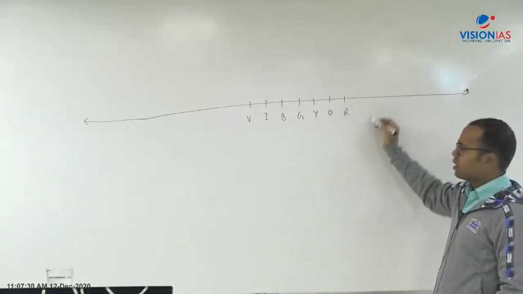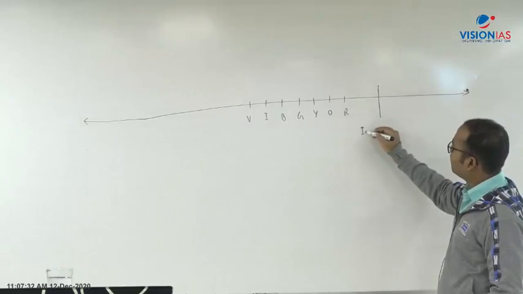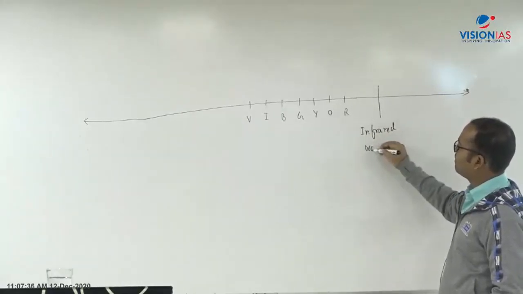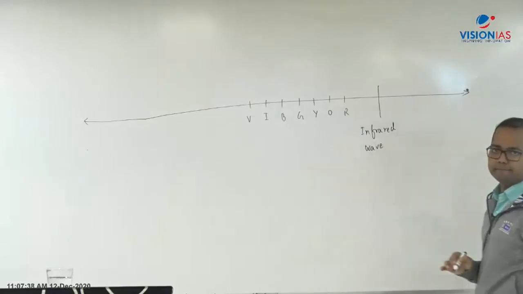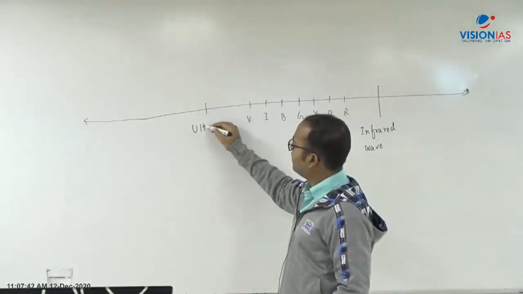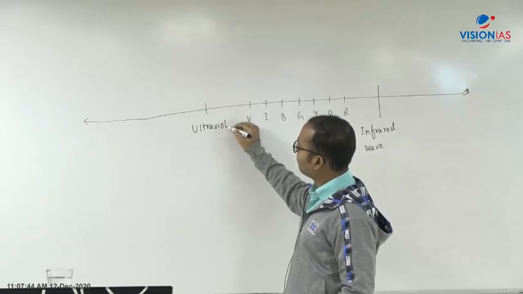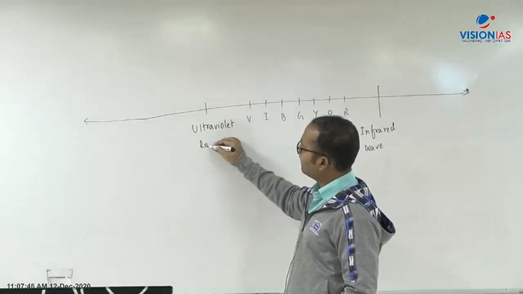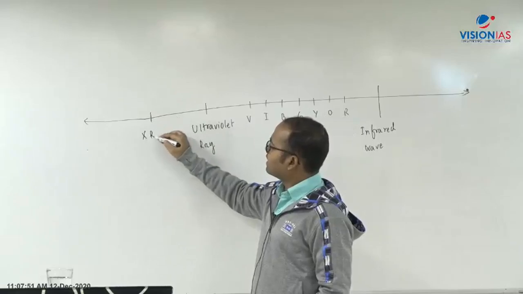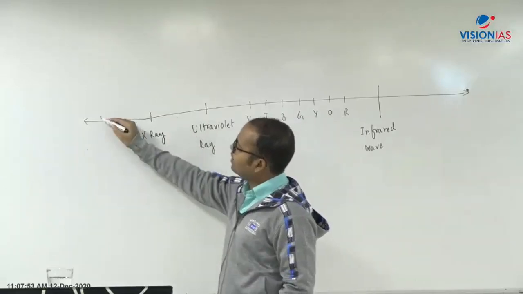After red, you have to just make infrared. Infrared wave, you must be knowing the name at least, right? And beyond violet, it is ultraviolet. Ultraviolet ray, it is written, right? Beyond ultraviolet, it is X-ray, and here it is gamma ray.